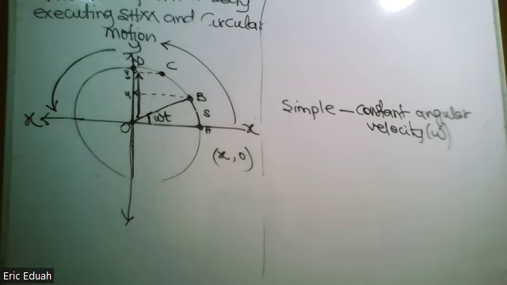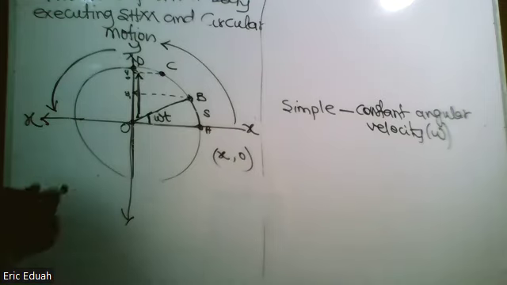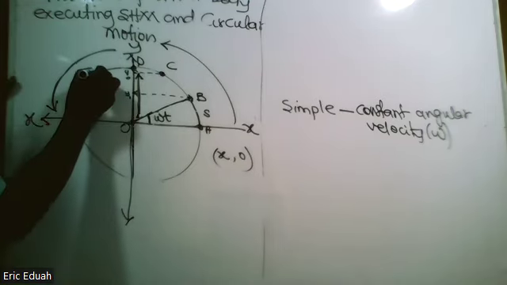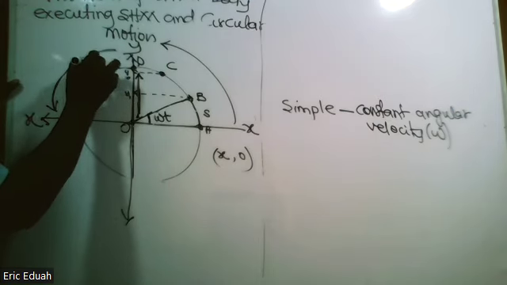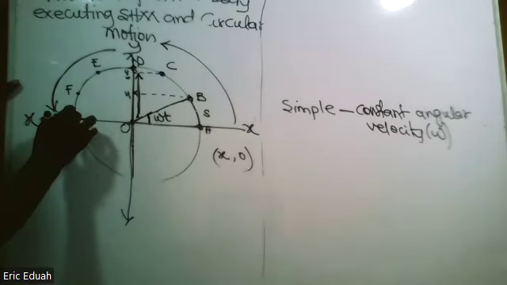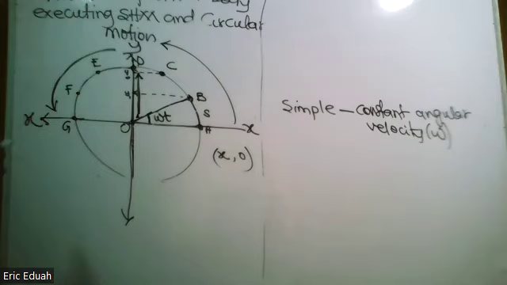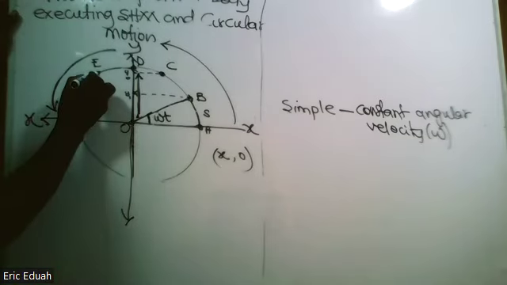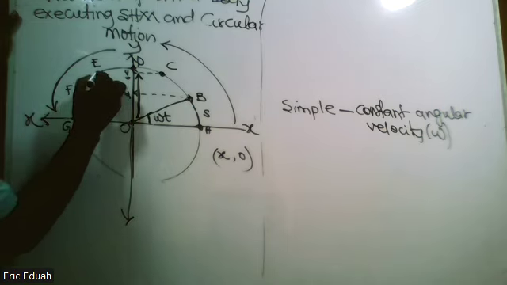Now, what happens to the image as the body moves in circular motion along the Y? So let's look at the second quadrant. This is a point E, F, G. So when it comes here, what is its image along the y-axis?